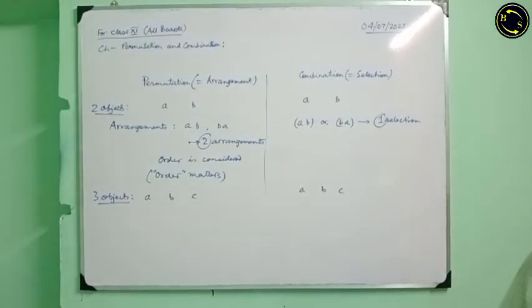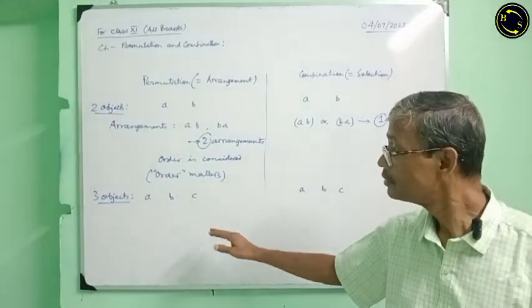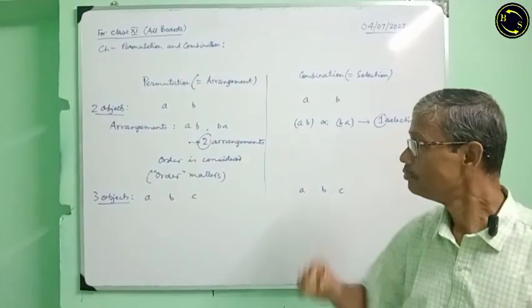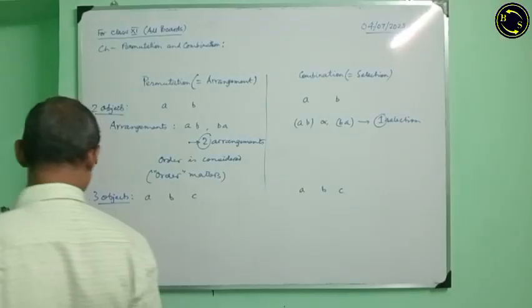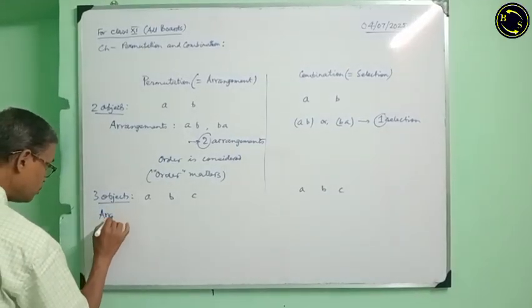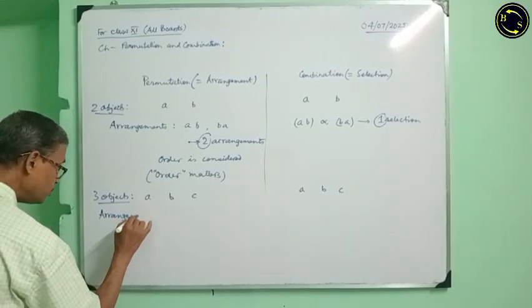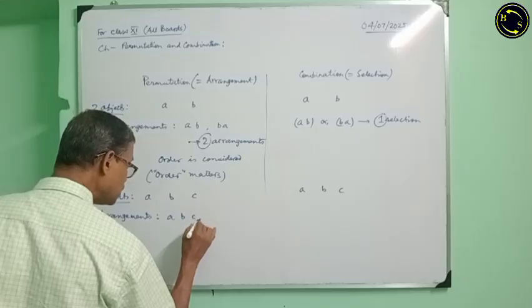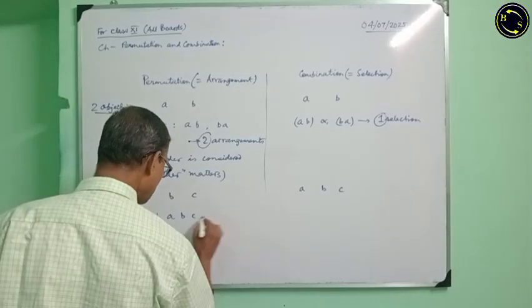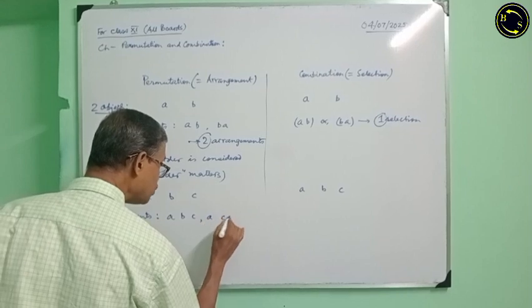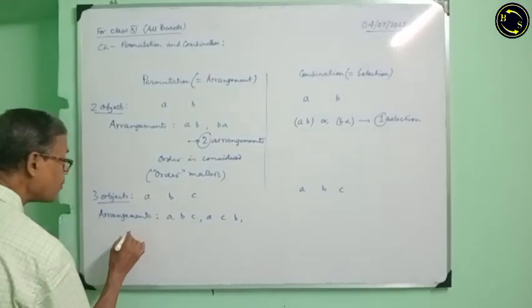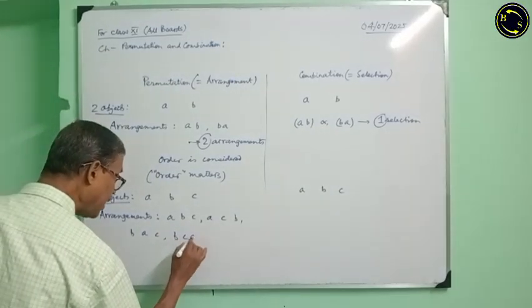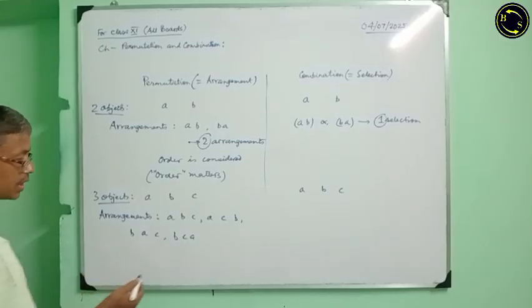Now, we consider all three letters are taken together. Then the arrangements will be A, B, C. Then, keeping A fixed, A, C, B. Then B, A, C, B, C, A, keeping B first.